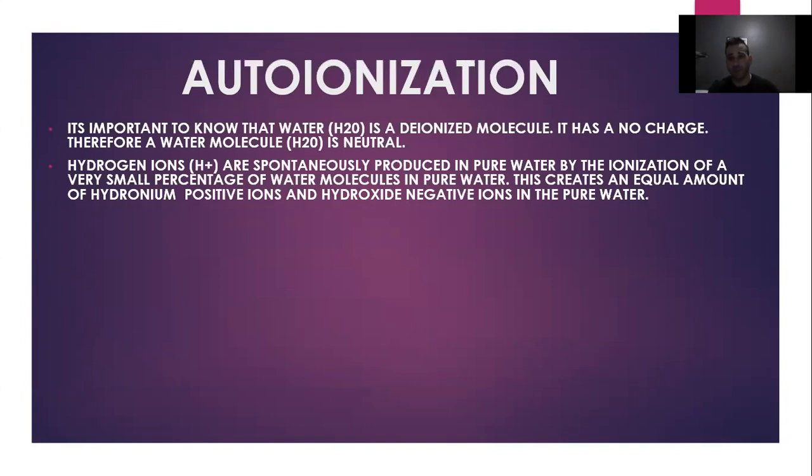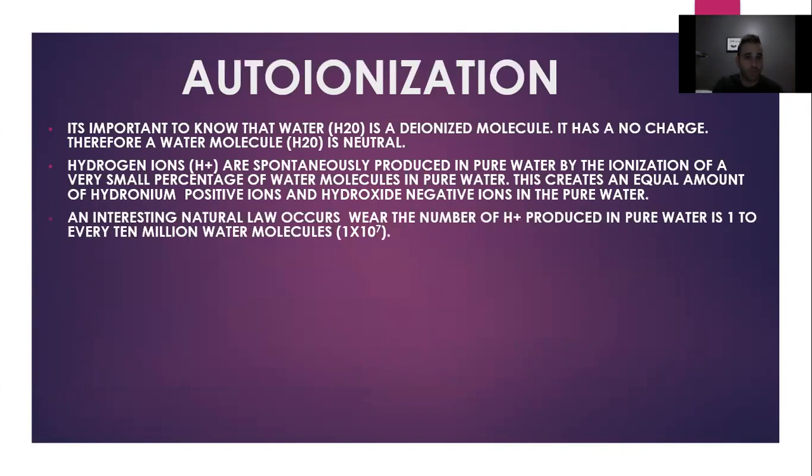The two H2O molecules spontaneously become a hydronium and a hydroxide. An interesting natural law occurs where the number of H+ produced in pure water is 1 to every 10 million water molecules, 1 times 10 to the 7.